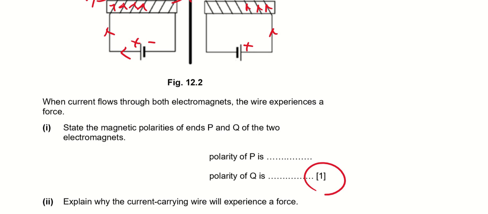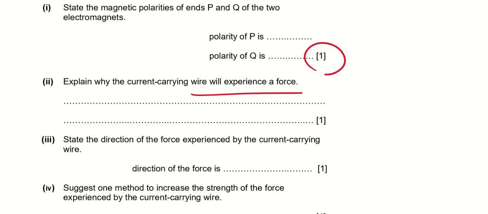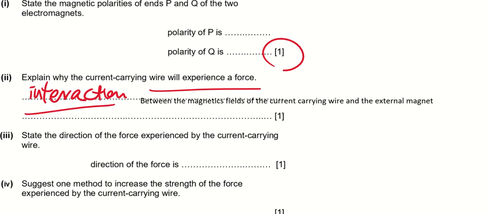And explain why it will experience a force. Experience a force. What is the keyword here? It's due to the interaction between the magnetic fields of the current carrying wire and the external magnet. Okay, one mark, just like that. So there must be interaction.